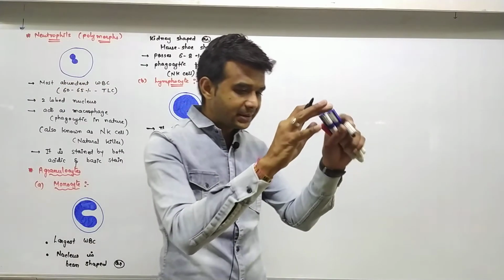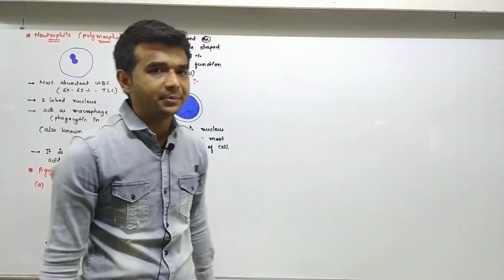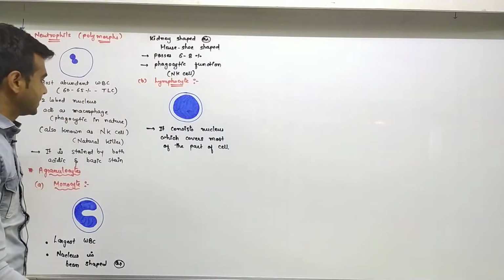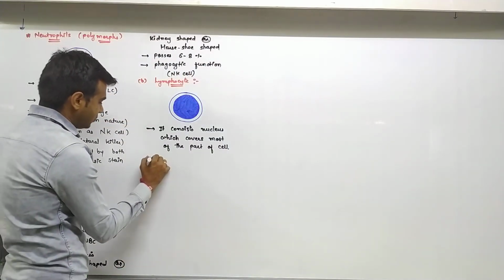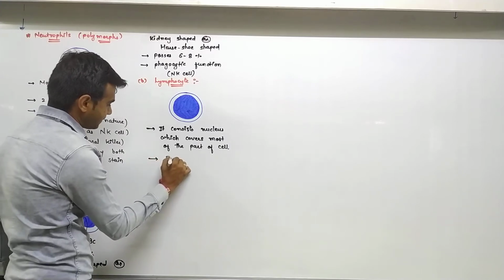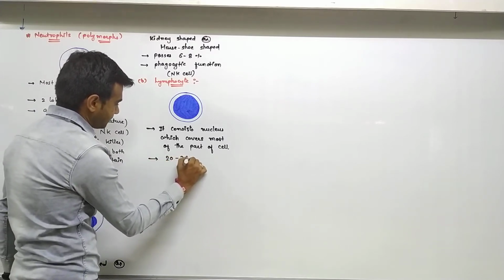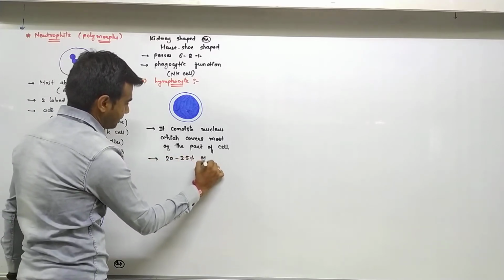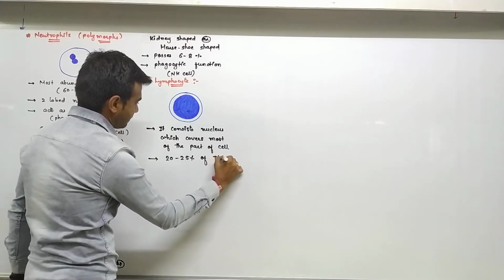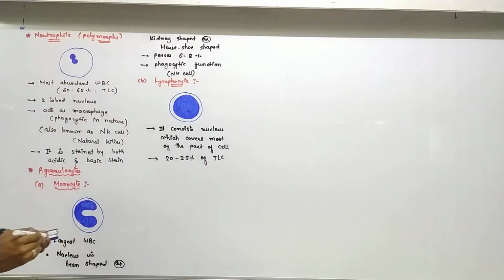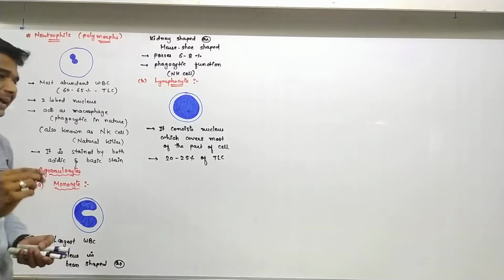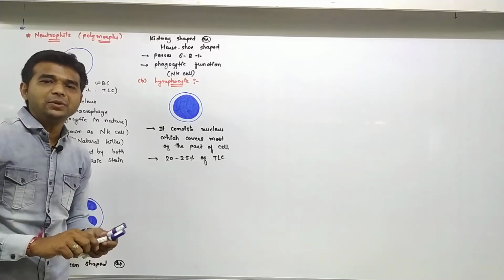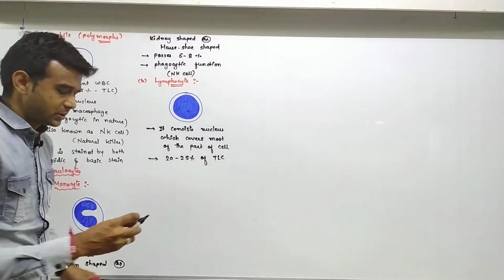So the largest portion of the cell is covered by the nucleus. It possesses 20 to 25 percent. Now here it has the main immune response.